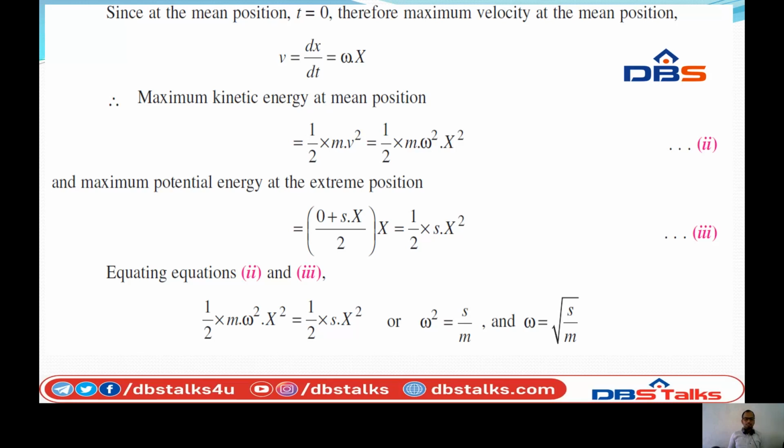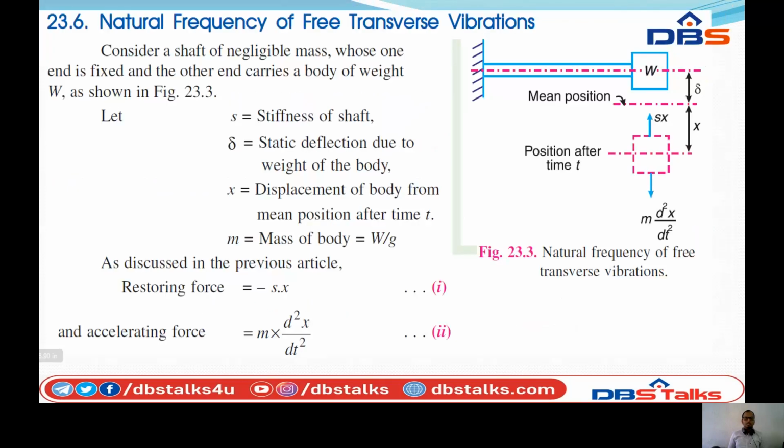In all these expressions, we discussed omega. This omega is known as the natural circular frequency, which we mostly denote in problems with the notation omega n. So omega n means the natural circular frequency.